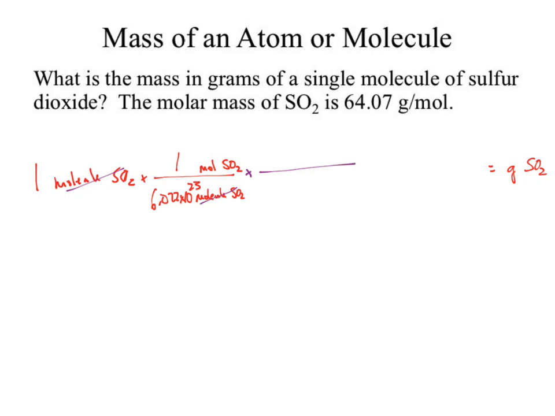No. What can I do? Convert moles of SO2 to grams of SO2. Where do I find that conversion factor? In the question or the periodic table. So I can put 64.07 over 1. Now I can enter it into the calculator, and I'd have my final answer.